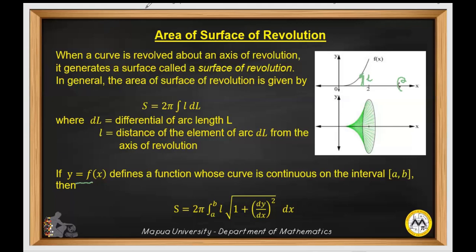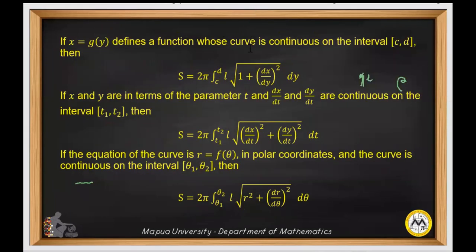On the other hand, if x is a function of y, then the area of surface of revolution, if x is equal to g of y, is a continuous function within the interval from c to d.